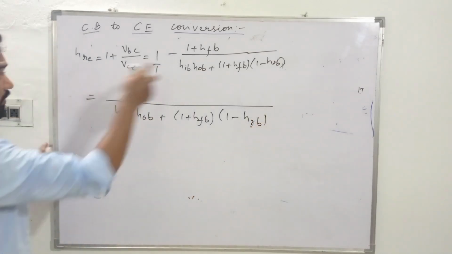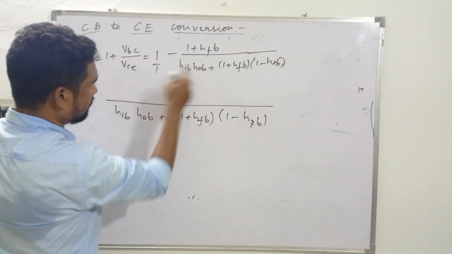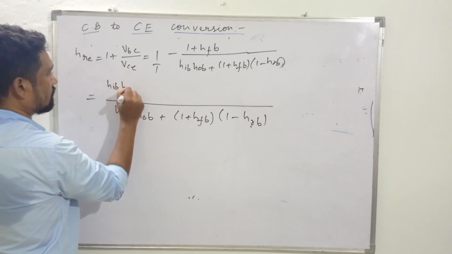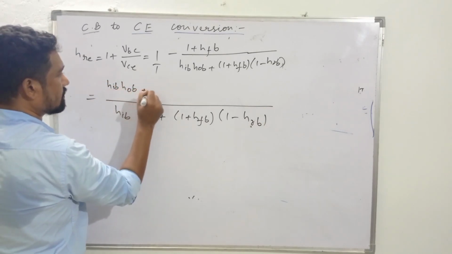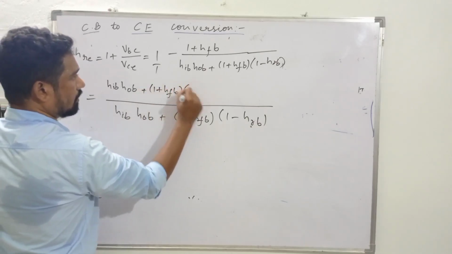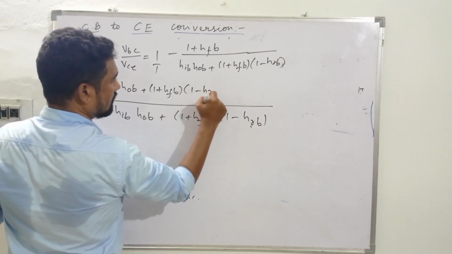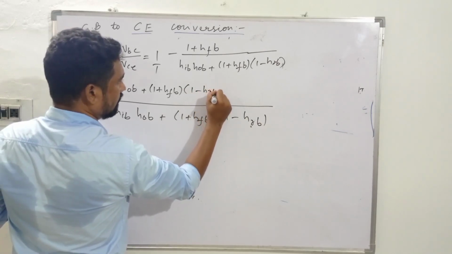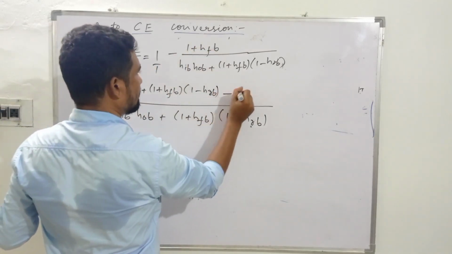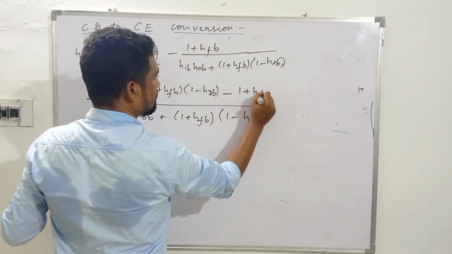Right, so cross multiplying this one, this 1 into this one, it will be HIB HOB plus 1 plus HFB into 1 minus HRB, right, into this minus 1 plus HFB.